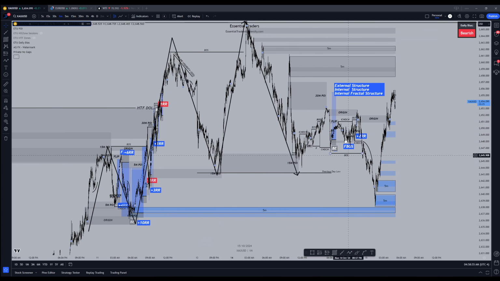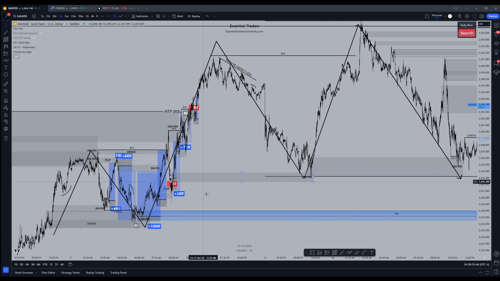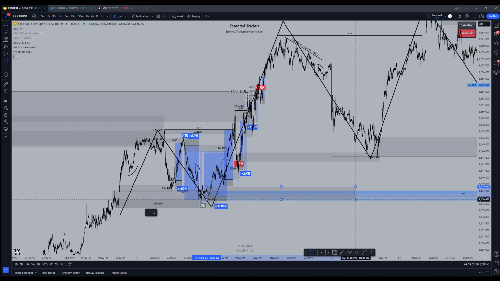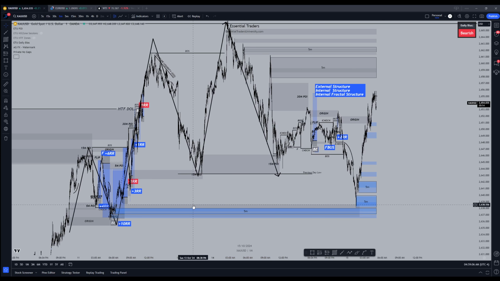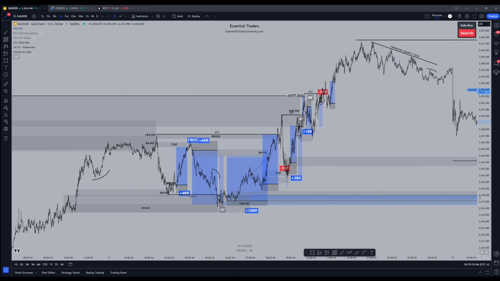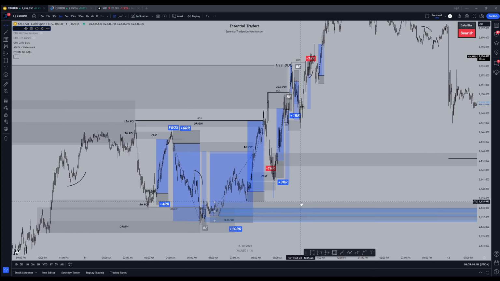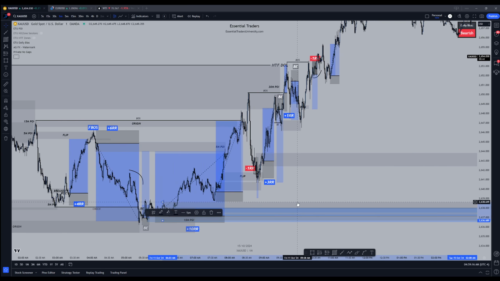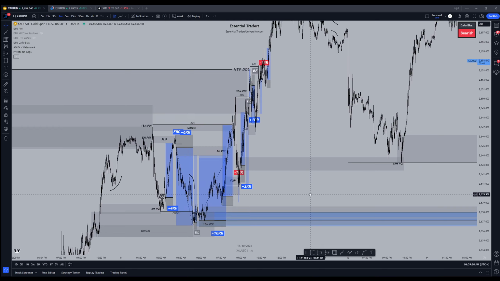And after the 1-minute structure creates its own objective, it came back, and you can see there are unmitigated POIs here on the 1-minute that were never touched on the 15-minute. Let me delete that. There are unmitigated POIs that were never touched on the 15-minute. You can see even with my indicator, they're unmitigated, right?